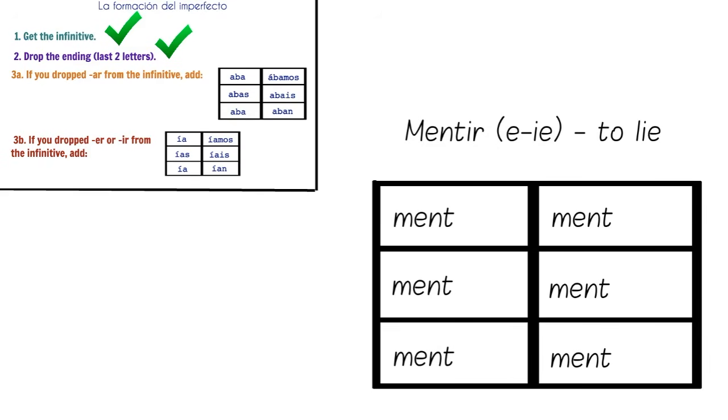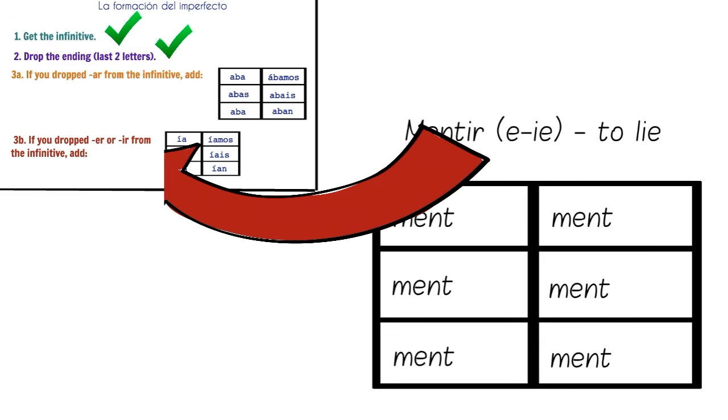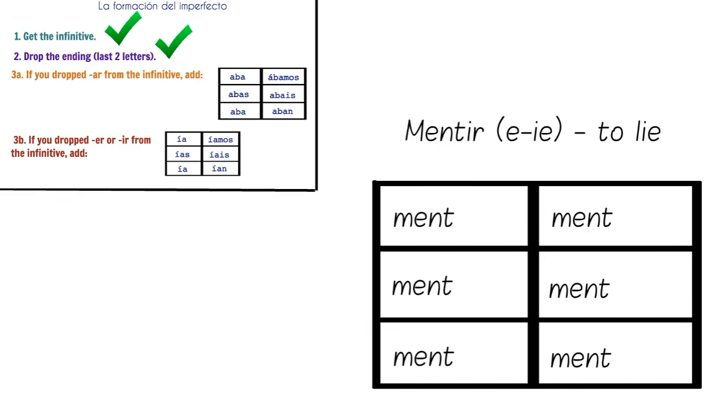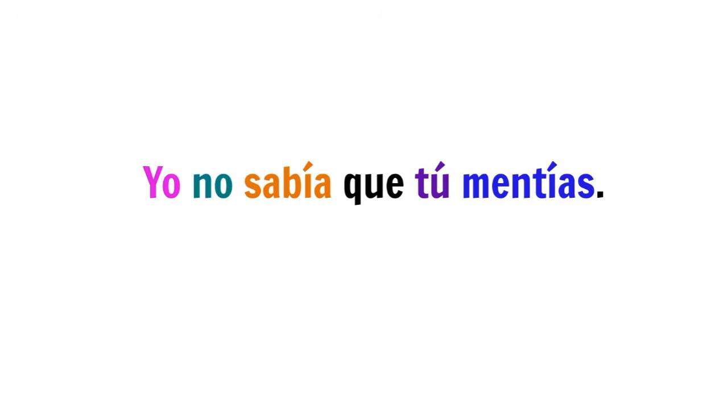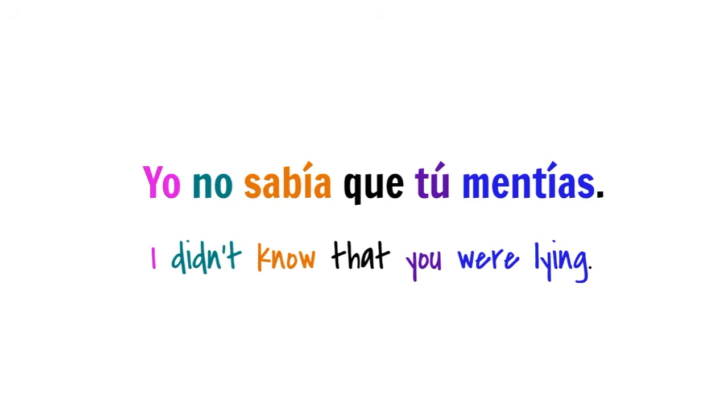Since we dropped IR from the infinitive, we go to step 3B, which tells us that IR verbs will get the same endings as ER verbs. So once again, we add the ía, ías endings to our chart. Tú mentías, you were lying. Yo no sabía que tú mentías. I didn't know that you were lying. Yo sabía is the yo form imperfect of the ER infinitive saber, to know.